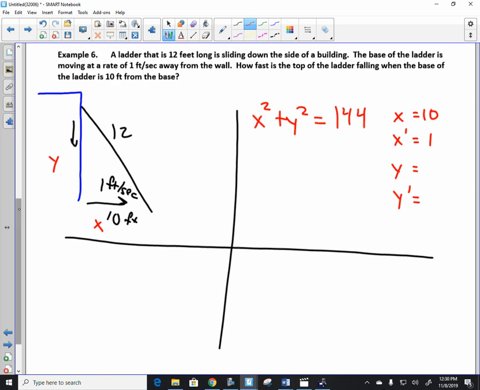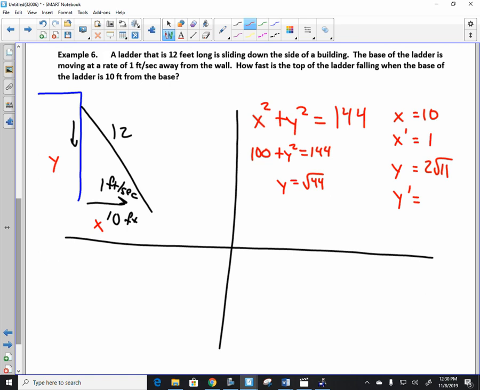No, that's what we want to find. Can we find y? How? Yeah, you plug in 10 and you get 100 plus y squared is equal to 144, or y is equal to the square root of 44, or 2 roots of 11. We good?